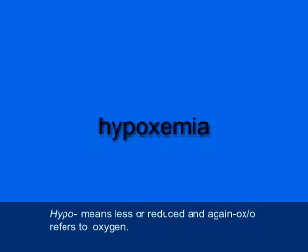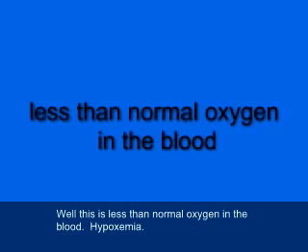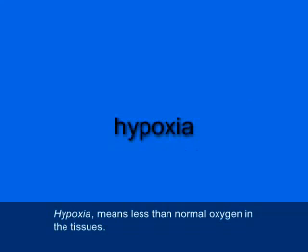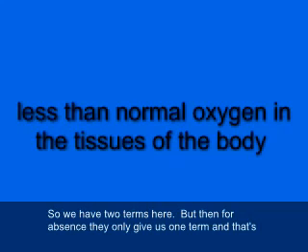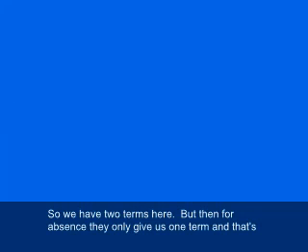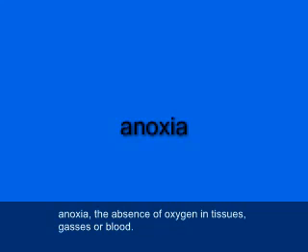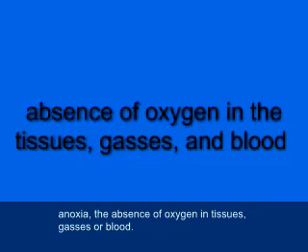Hypo means less or reduced, and again, ox refers to oxygen. So this is less than normal oxygen in the blood. Hypoxemia. And hypoxia means less than normal oxygen in the tissues. So we have two terms there. But then for absence, they only give us one term. That's anoxia, the absence of oxygen in tissues, gases, or blood.